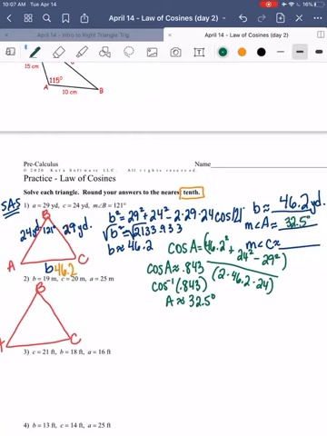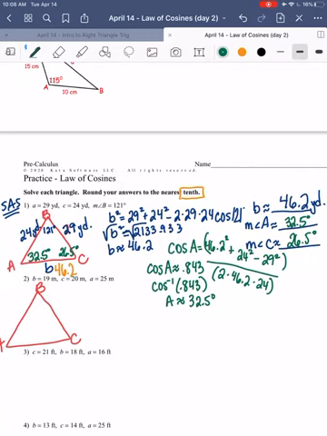Okay, and so now that we know A is 32.5 degrees, now we can find the third angle by simply typing in 121 plus 32.5 and then subtracting that from 180. And now I'm just going to double check and make sure that that looks right.